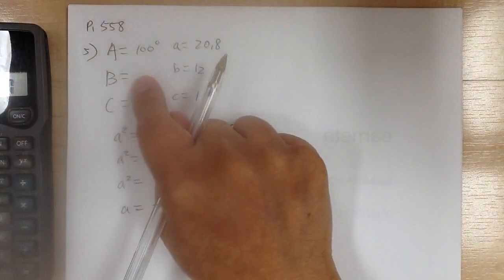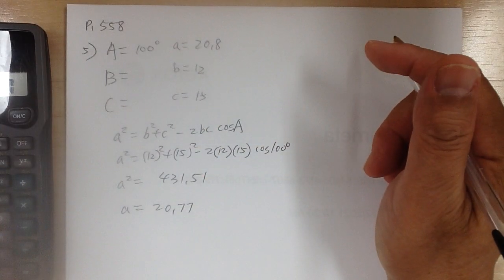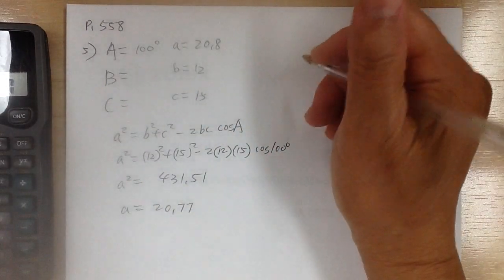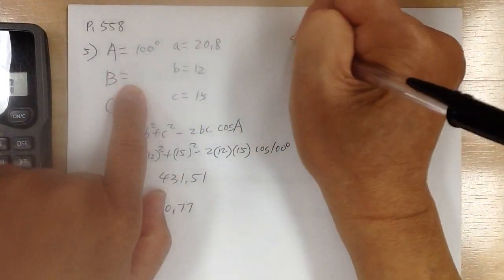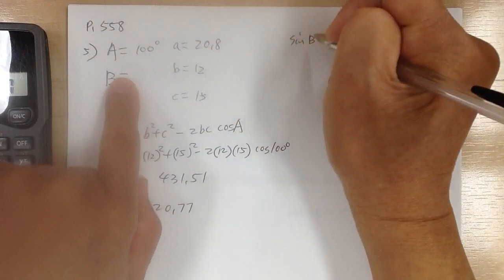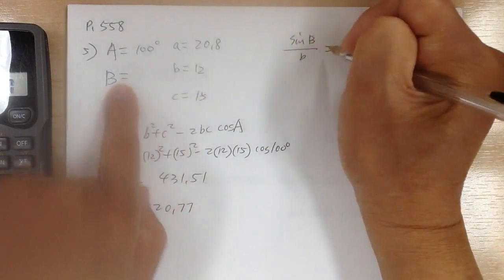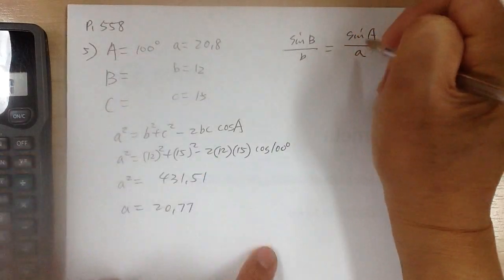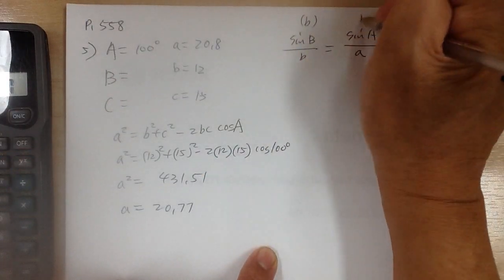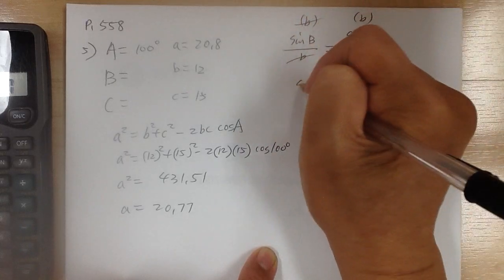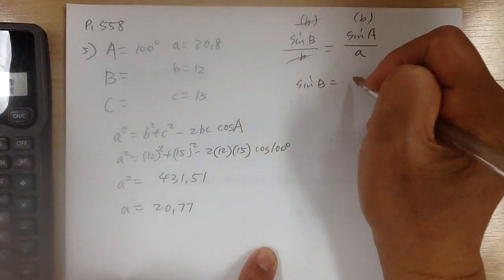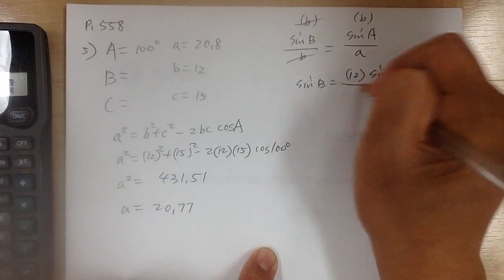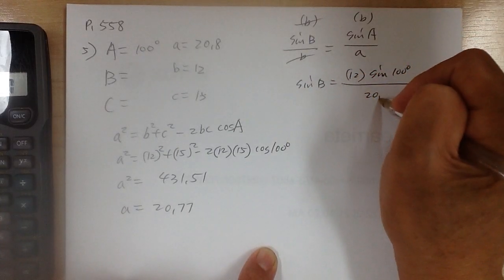Now to find an angle, you can use the law of cosine, or you can just use the law of sine. The law of sine is a little bit faster, so I'm going to use sine B over B equal to sine A over A. So you can multiply by B on both sides to cancel it out. So I got sine B equals 12 times sine of 100 degrees over 20.77.